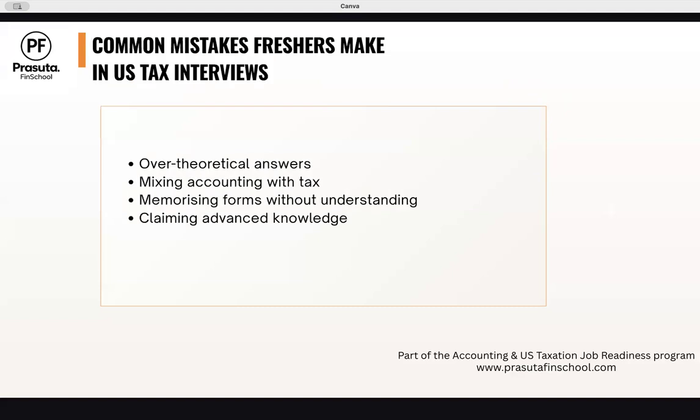Then, common mistakes freshers make in a US tax interview. The mistake freshers make is giving overly theoretical answers, right? Do not over-explain things in the interview. Always keep it as a one-liner answer with 4 to 5 crisp words, crisp in the sense of simple words that transfer your idea as a very basic fundamental answer to the interviewer, right?